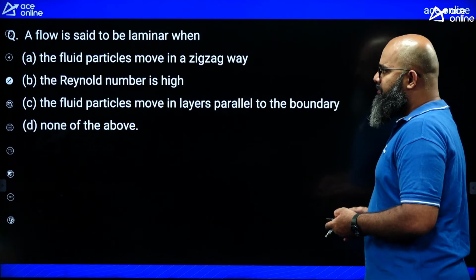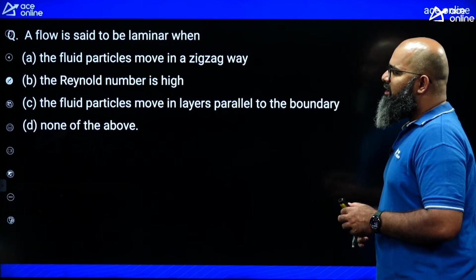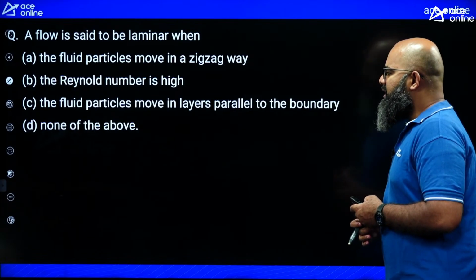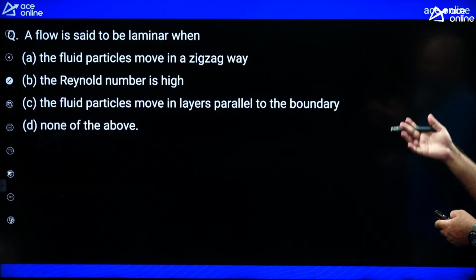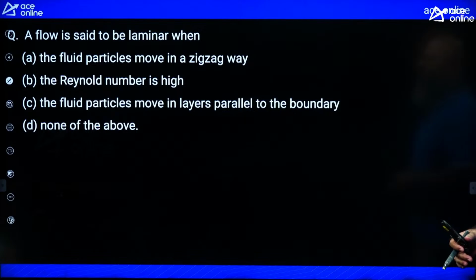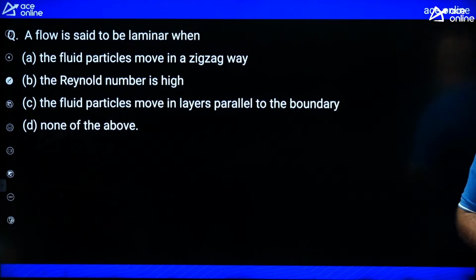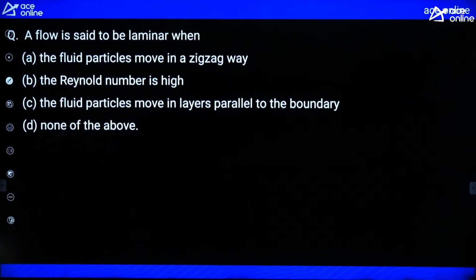Moving further, a flow is said to be laminar. When is a flow said to be laminar? You can look at the options and decide. Option A is saying the fluid particles move in a zigzag way. That was turbulent flow. Option B is saying Reynolds number is high. That is also a case of turbulent flow.